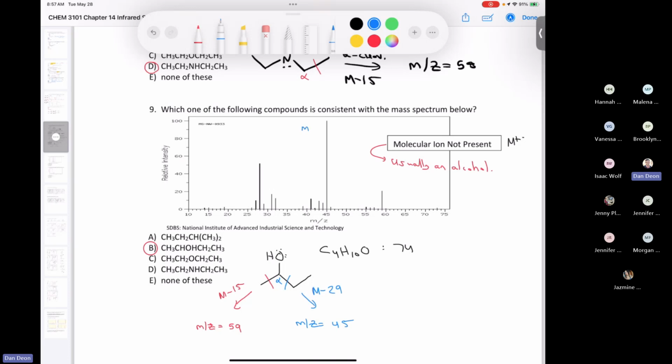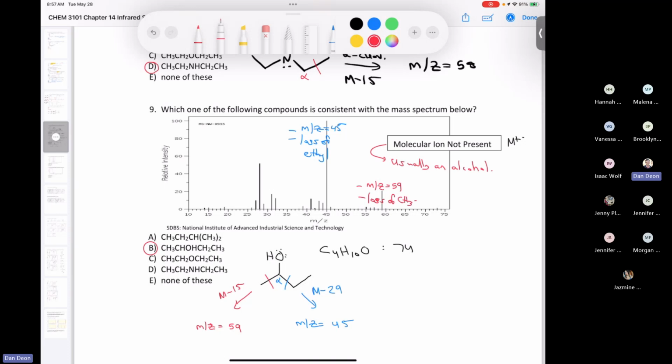So this one here is mass over charge equal to 45, and so this is from loss of ethyl radical. And then you can see at 59, we have mass over charge equal to 59, and so this is loss of methyl radical. I'll just write the structure in there like that.